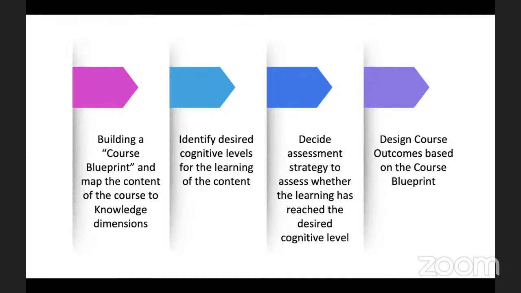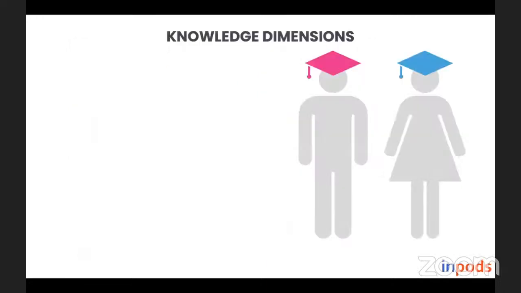If you could create this blueprint, you will be able to start moving towards avoiding the misalignment as much as possible in your course. And that will definitely benefit the students and the overall organization when it comes to achieving the course outcomes, implementing OBE correctly, and helping the students become more employable.